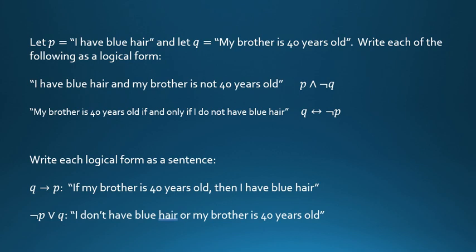Hopefully you got, I don't have blue hair, or my brother is 40 years old. We take the negation of P, and we take Q, and we put the word or in the middle of those two guys. So these are our sample problems going between sentences and logical forms. Very important to know how to do both.